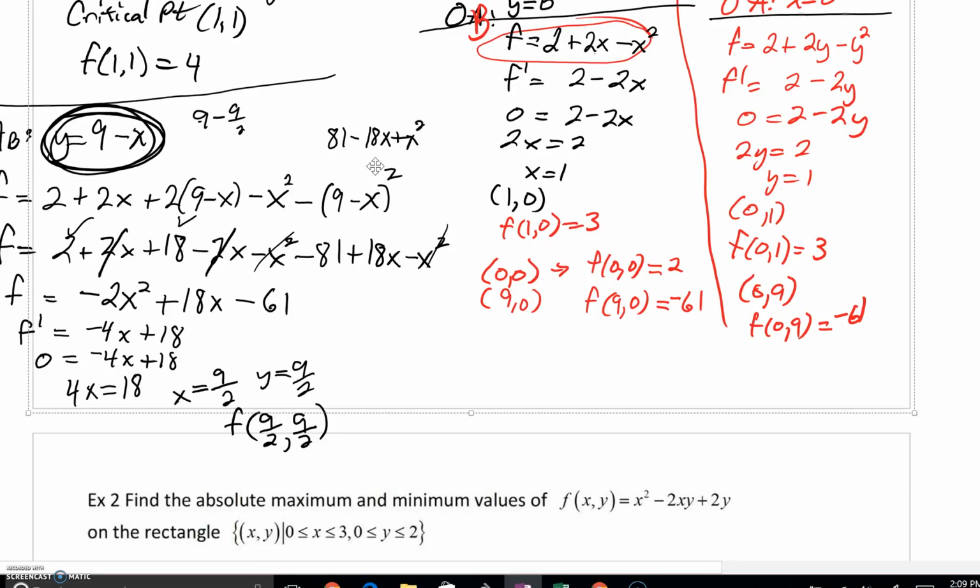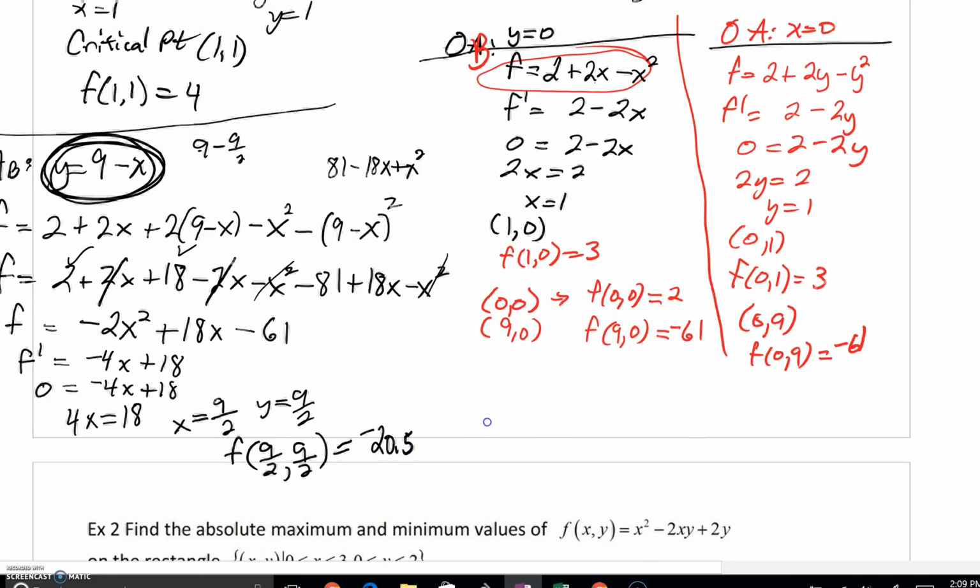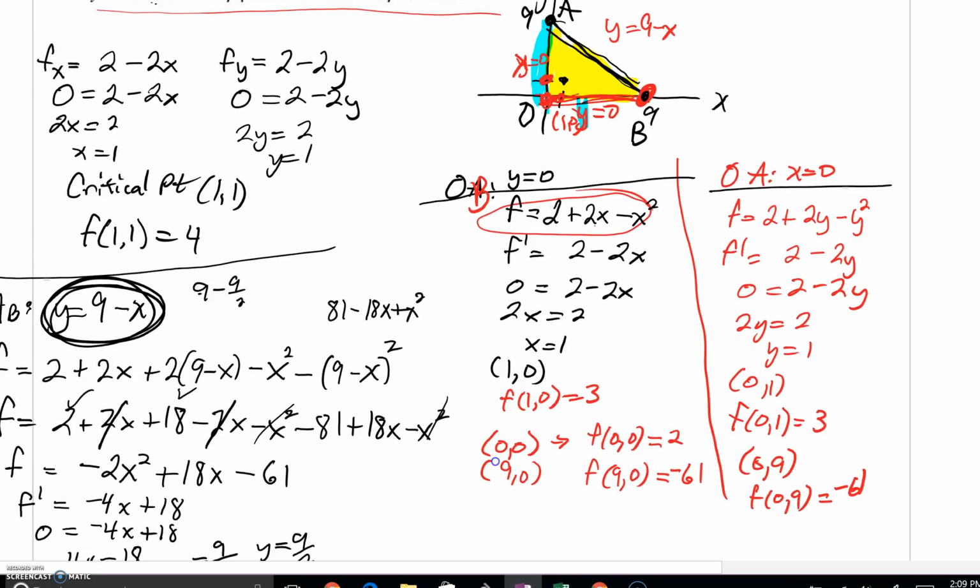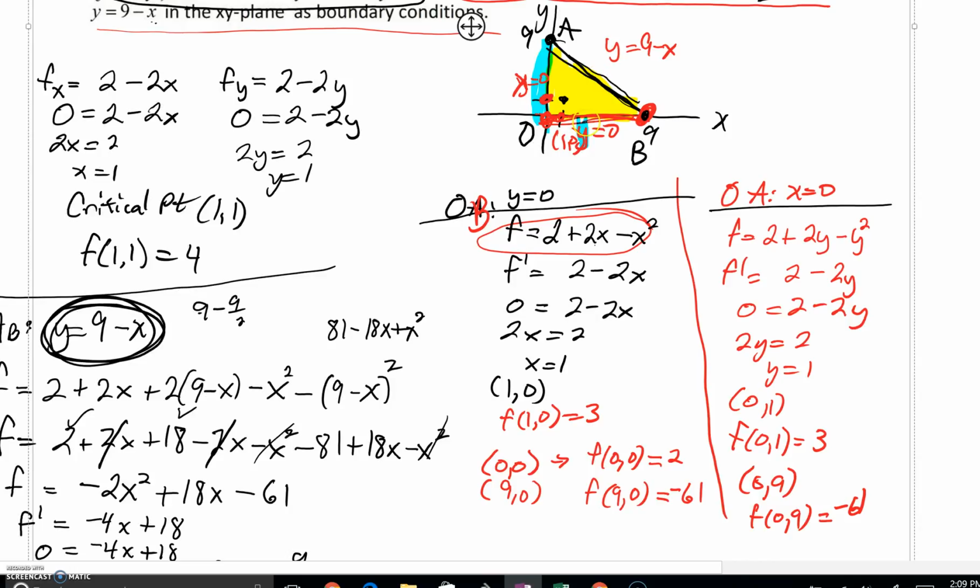So we're also going to have to ask ourselves if we need to go back to this segment AB, 4 and a half and 4 and a half, that would be right here. Please understand the endpoints at 9, 0, and 0, 9 have already been checked.